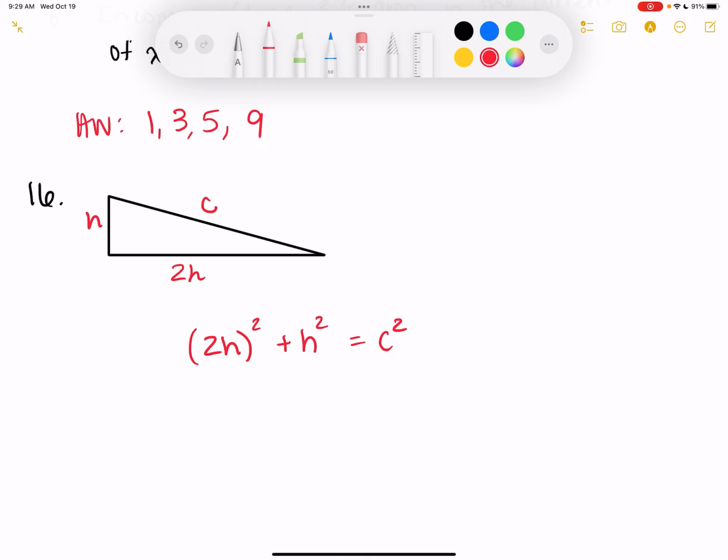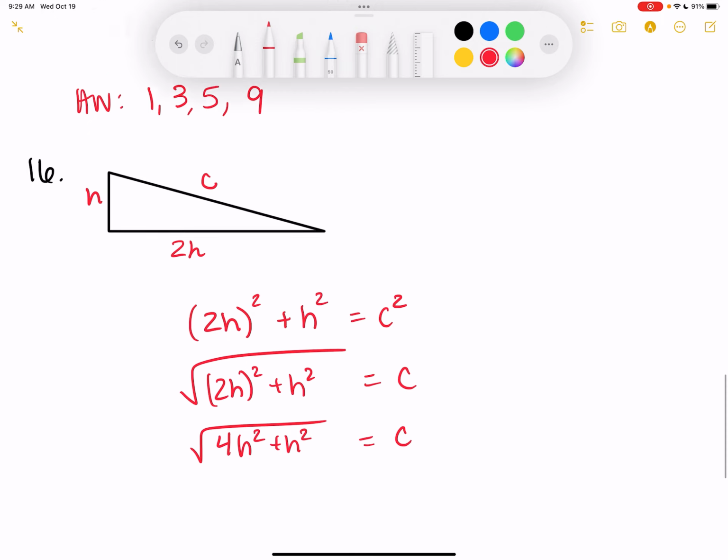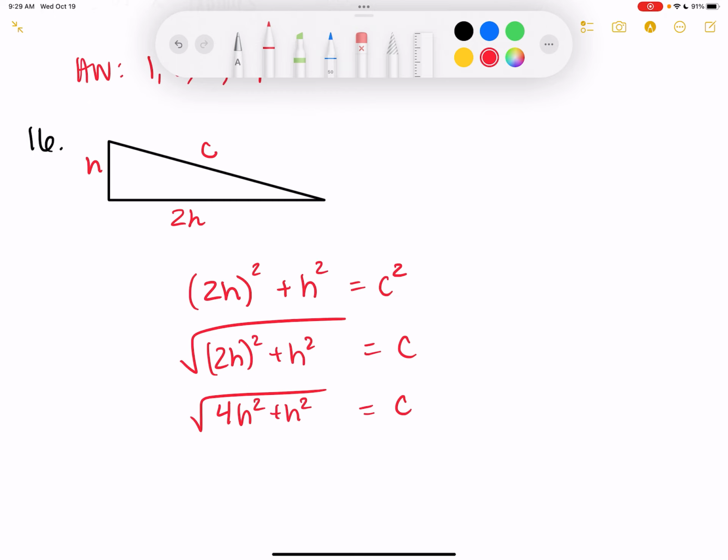So then we can go ahead and take the square root of this. We don't need the negative one because obviously we can't have negative length. So the square root of (2h) squared plus h squared equals c. That's the square root of 4h squared plus h squared, which combines to 5h squared inside.